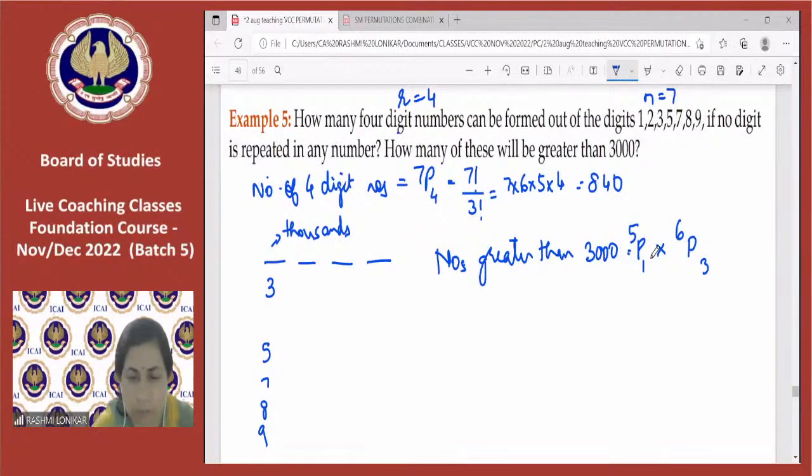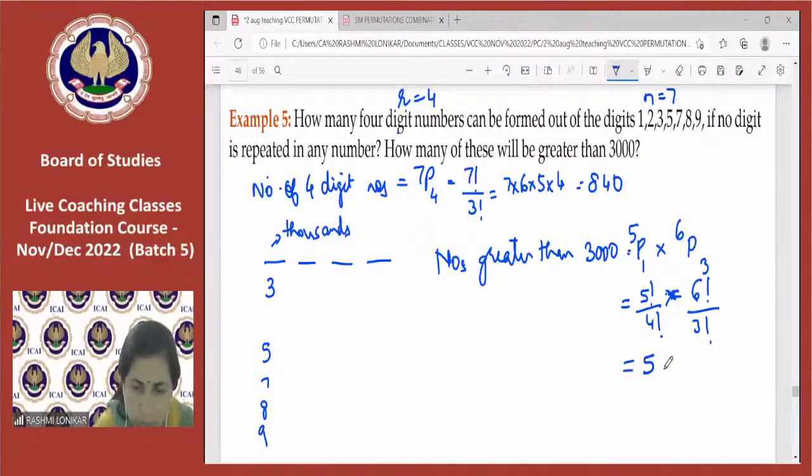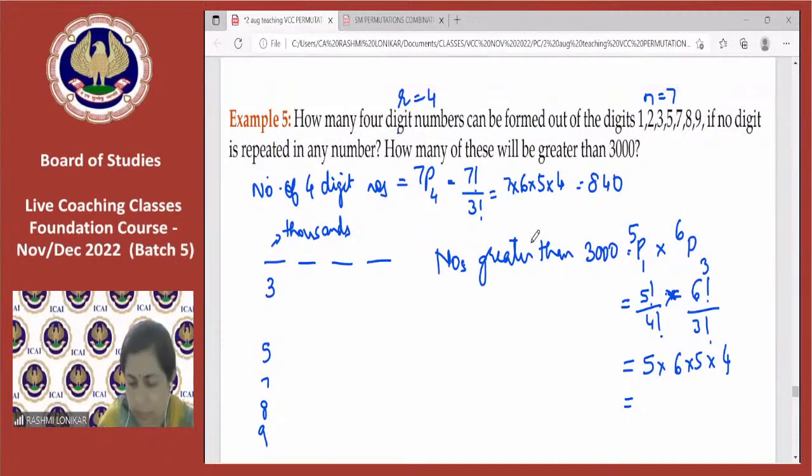Only 1. So 5p1 into 6p3. 5p1 is 5 factorial upon 4 factorial and 6p3 is 6 factorial upon 3 factorial. How much is 5 factorial upon 4 factorial? It is 5 and this is 6 into 5 into 4. So how much is this? 5 into 120, which is equal to 600.